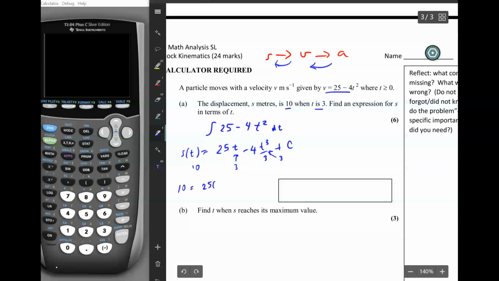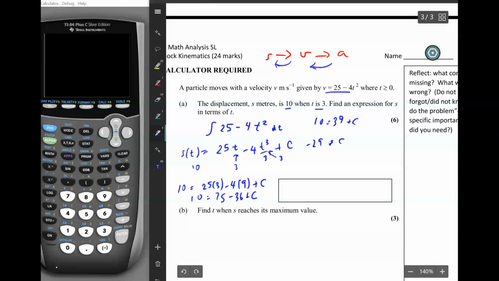So it's 25 times 3 minus 4 times, and 3 cubed is 27 divided by 3 is 9, so 4 times 9 plus c. So 10 equals 75 minus 36 plus c, and 75 minus 36 is 39, plus c, so c is equal to negative 29.